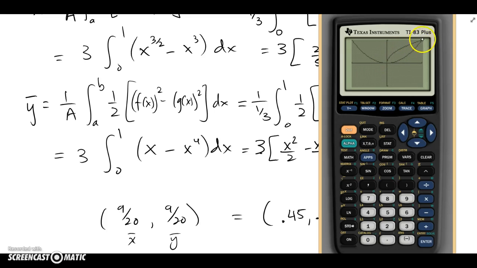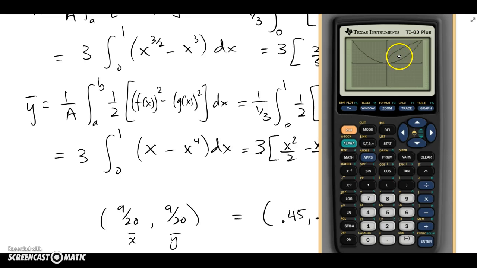And this is clearly symmetric about the line y equals x. And so therefore, my centroid must lie on that line y equals x. And if it lies on the line y equals x, the x and the y coordinate have to be equal because y equals x is the line of symmetry for it.